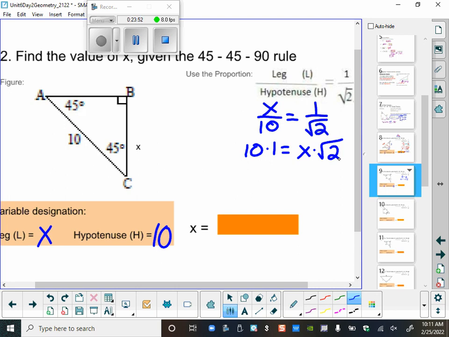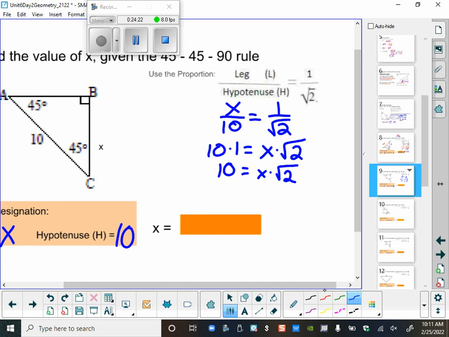Now, here is where things can get a little crazy. So, well, what's 10 times 1? 10. This is where we're going to need a little more work. Now, you see, we have 10 equals x times square root of 2.